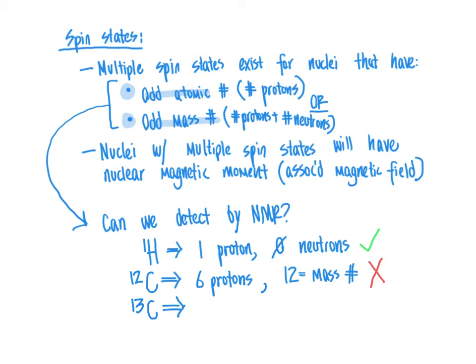The reason why carbon-13 is detectable is it still has 6 protons, identical to carbon-12, but the mass number is 13 because it has an extra neutron. And so, with that odd mass number, we are indeed able to detect carbon-13 by NMR.